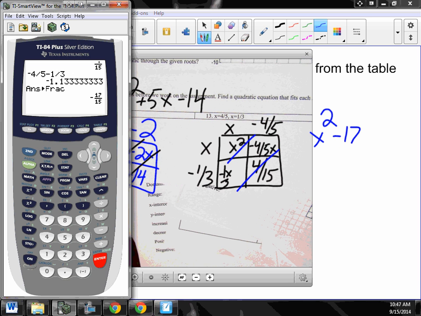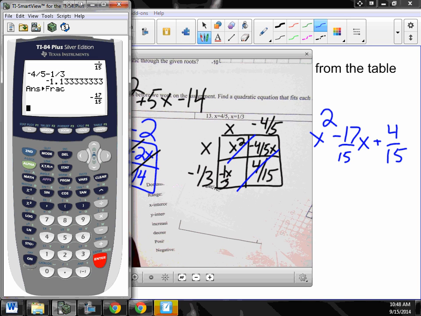Negative 17/15 x plus 4/15. It is simple. We will never ever say 1 and 2/15, because everything we do will be improper fractions. So don't worry about switching to mixed numbers. They're so hard to deal with. We're not going to do it.